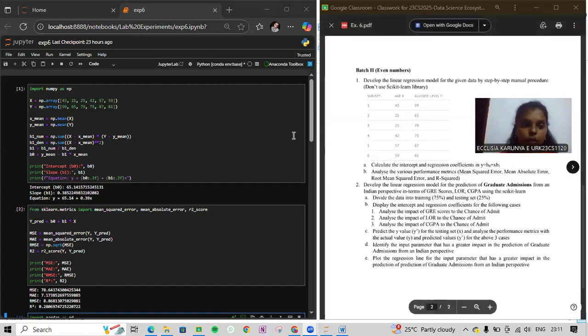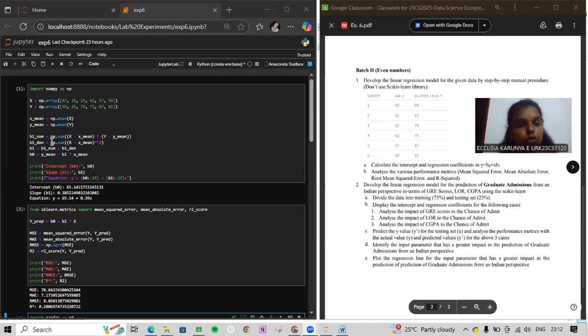Let's move on to the coding part. First, we are going to import numpy as np. Then we are considering x as age and y as glucose level. Next, we are going to find the average value of age and glucose level.